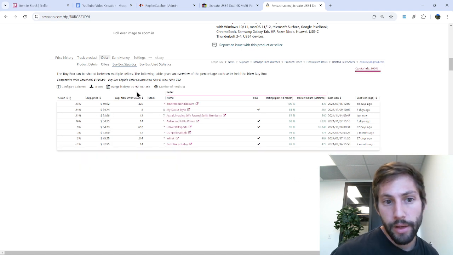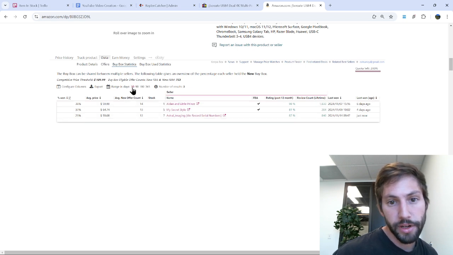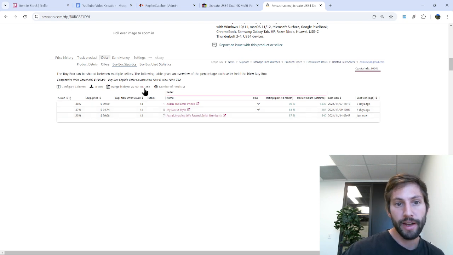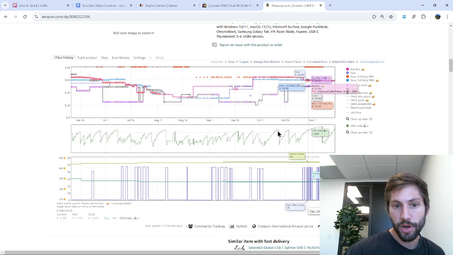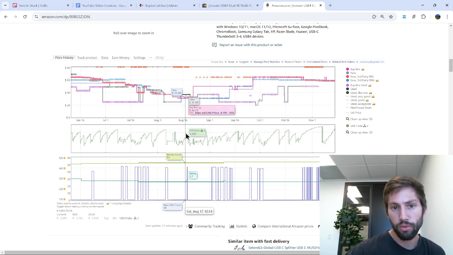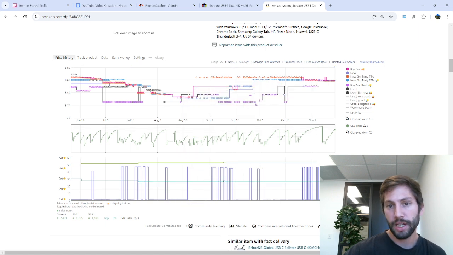That's okay. Like 40-ish, 25. So this isn't something I'd go super deep on because it's not that fast anyways, I don't think. You could test a unit or two and see how it does, and then restock from there.